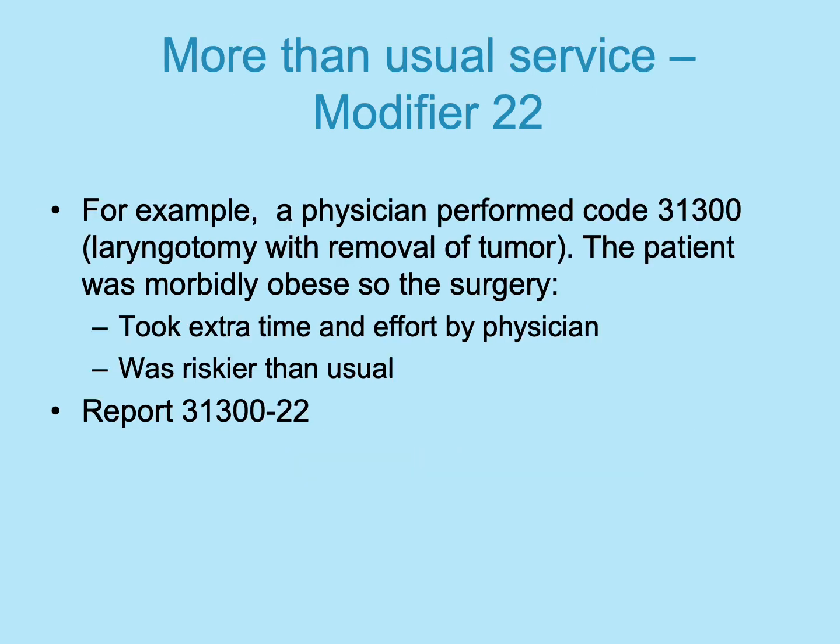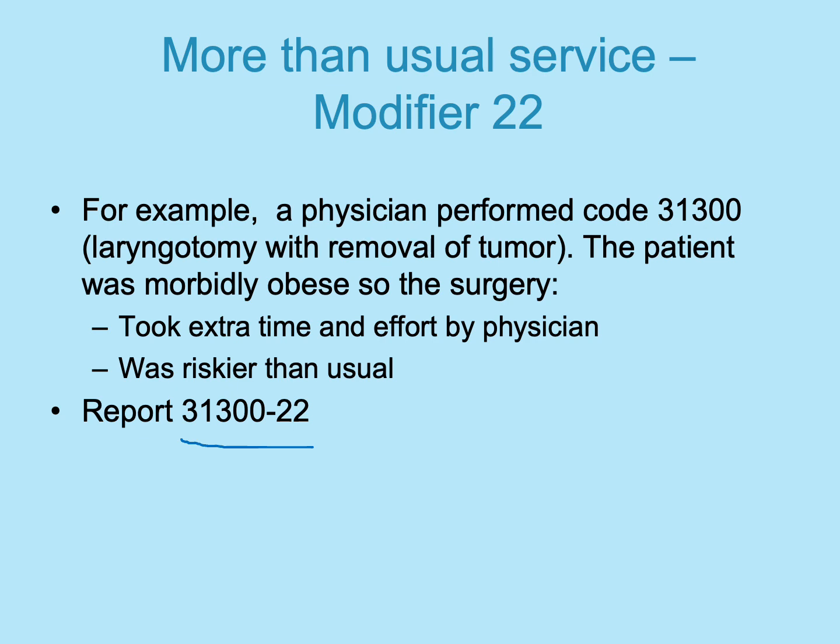So here's an example. For example, a physician performed code 31300, laryngotomy with removal of tumor. The patient was morbidly obese, so the surgery took extra time and effort by the physician and was riskier. So in that case, you're going to do 31300-22.